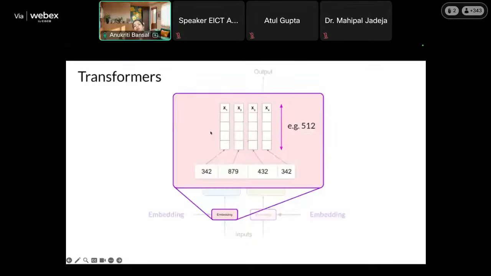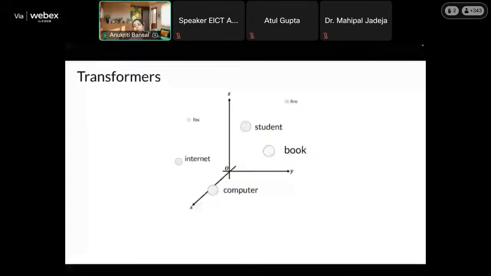What is the benefit of representing these tokens in terms of embeddings? Because when we are calculating these embeddings, they are also capturing the contextual information.